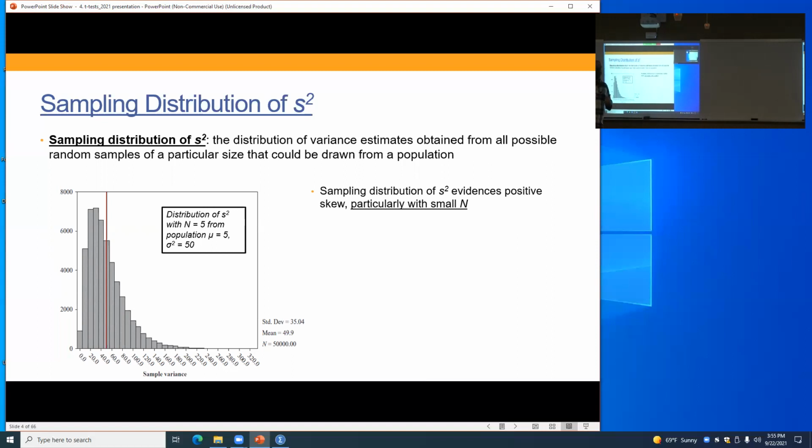Teresa, can I have sample means that fall below the population mean? Yep. And can I have values that fall above the mean? Yep. And under a normal circumstance, we would expect things to kind of curve out, right? What about variances? Can I get negative variances? What do you think?